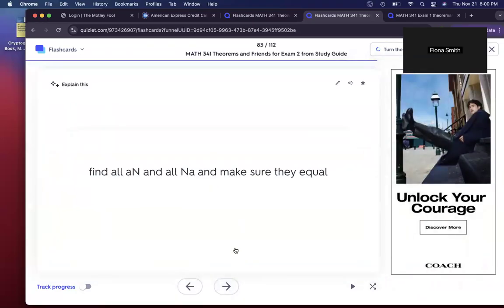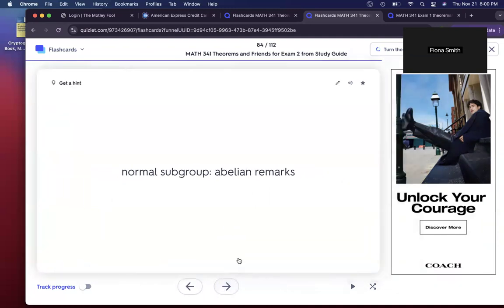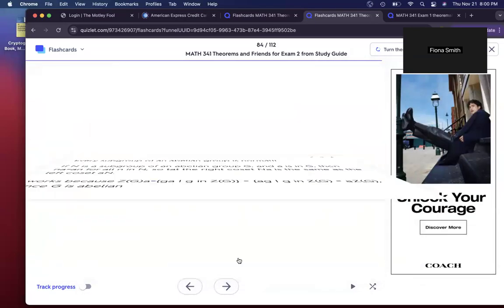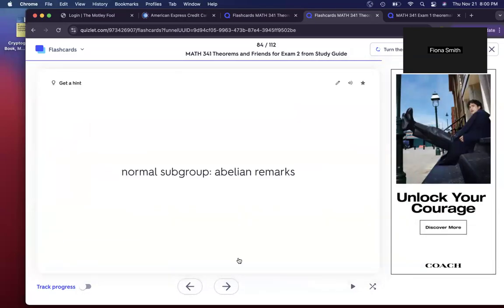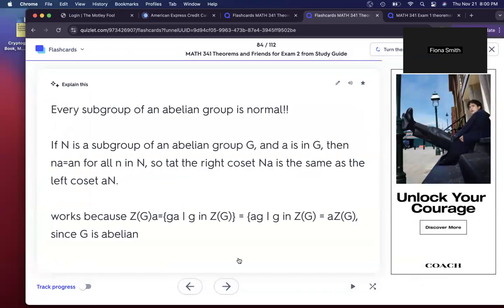To show something is normal, the long way is to find all of the left cosets and all of the right cosets and make sure that they're equal to one another. But one of the faster things: if you know the group is abelian, then every subgroup of that is normal.